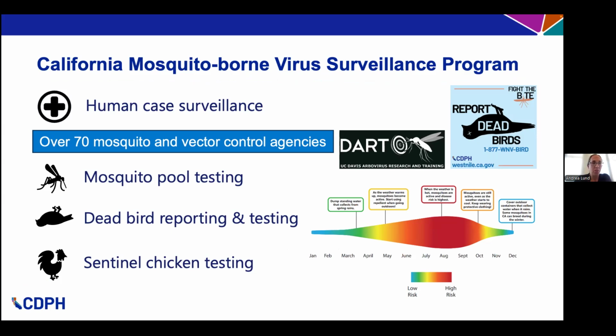But there's also significant environmental surveillance for West Nile virus across the state. Over 70 mosquito and vector control agencies are boots on the ground collecting and testing mosquitoes for West Nile virus. They're also reporting and testing dead birds, and some of them are also testing flocks of what are called sentinel chickens for virus.